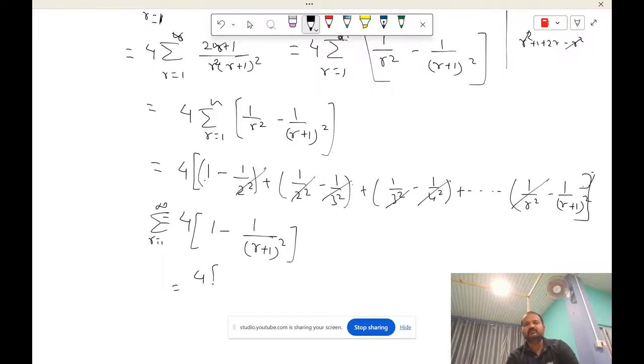If you put r equal to infinity, the denominator will be infinity square, so it will be infinity. So this value will be 4 into 1 minus 0, which is equal to 4.